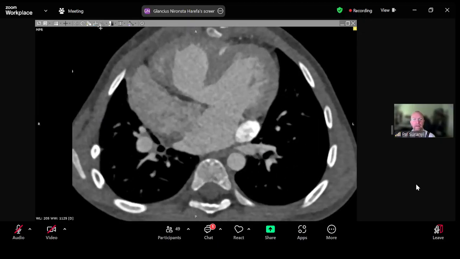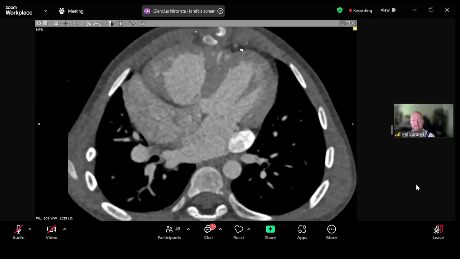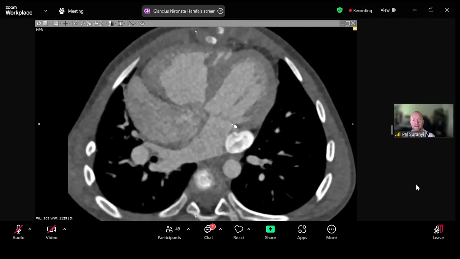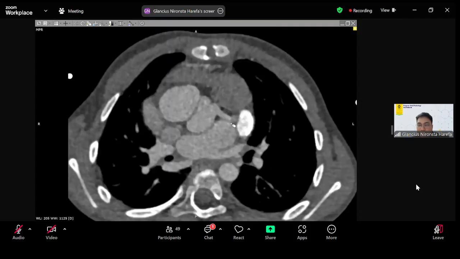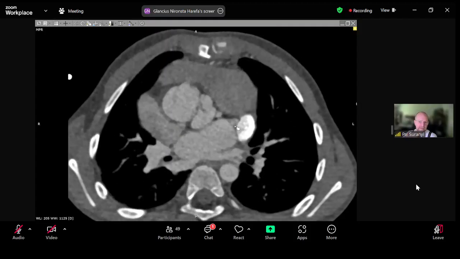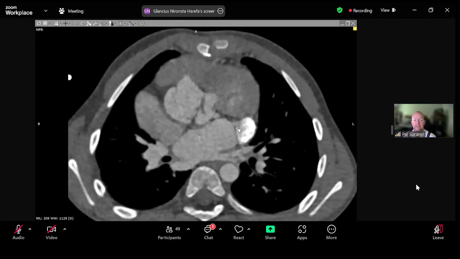Yep. And if we come back to the circumflex, the left circumflex, I guess. Yeah, this one. That goes around that left SVC or adjacent to the left SVC, right?